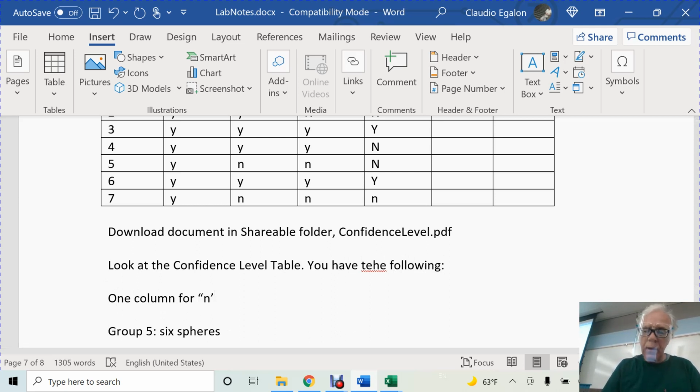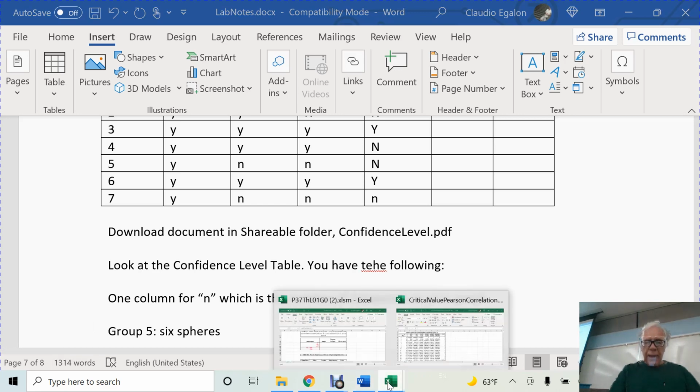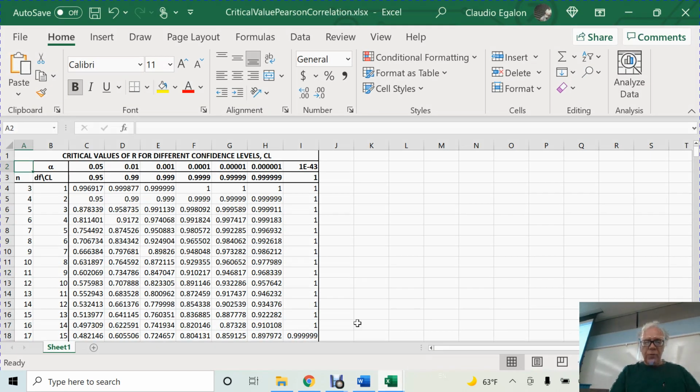What's this column for n? It is the number of data points in your graph. Okay? How many data points do you have in your graph? 6. Okay? So that's what we have there for the first column.